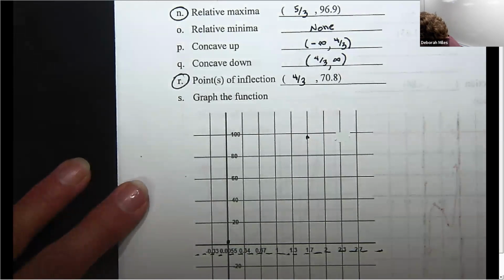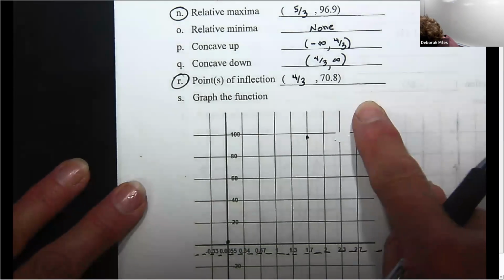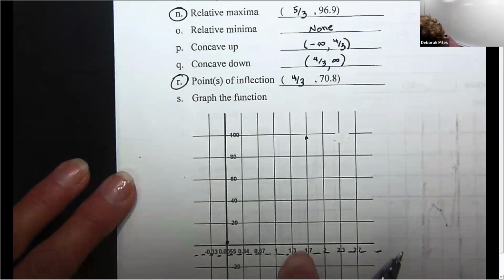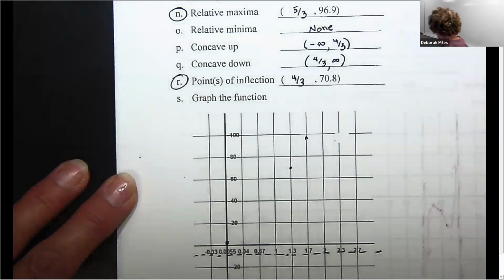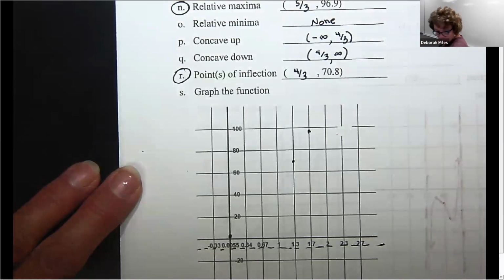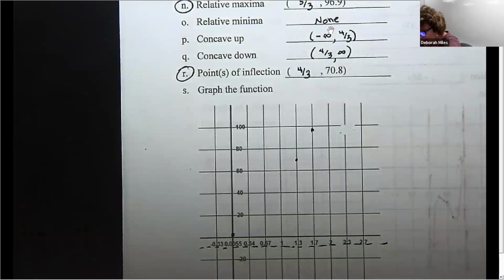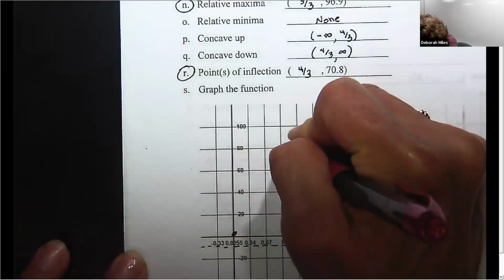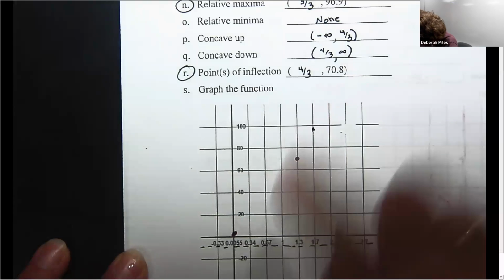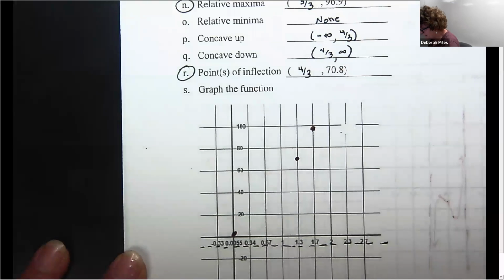And then 4/3 is about 1.3 and a tiny bit over 7. So is that what your points look like? Y-intercept. Point of inflection, and then your x-intercept.